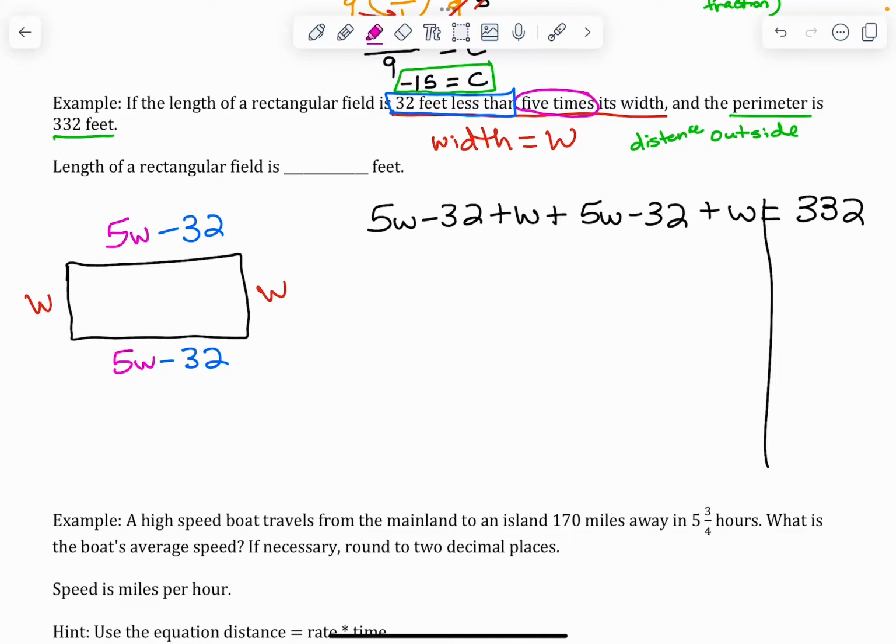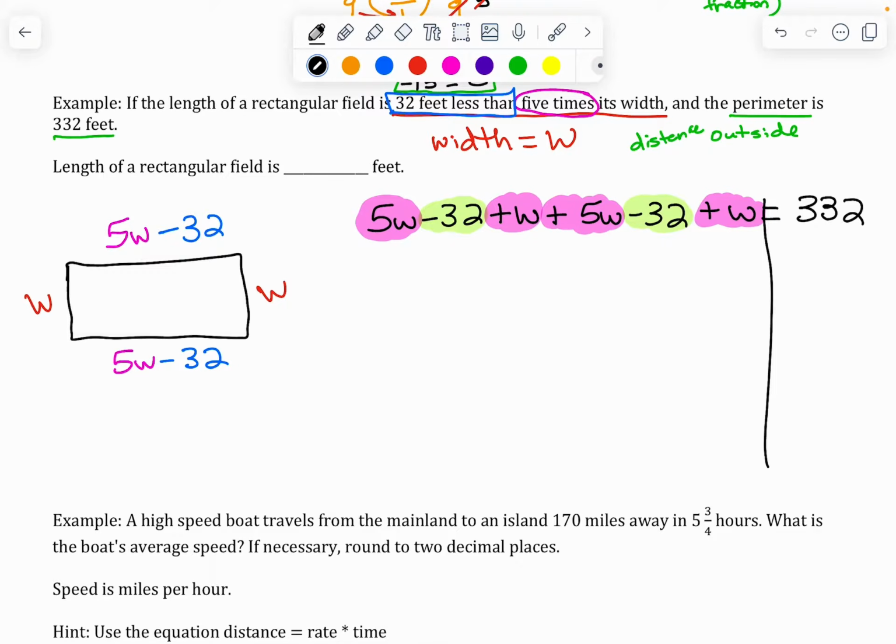So now we can combine like terms. We've got our W's, and we have our numbers without the W, which is negative 32.